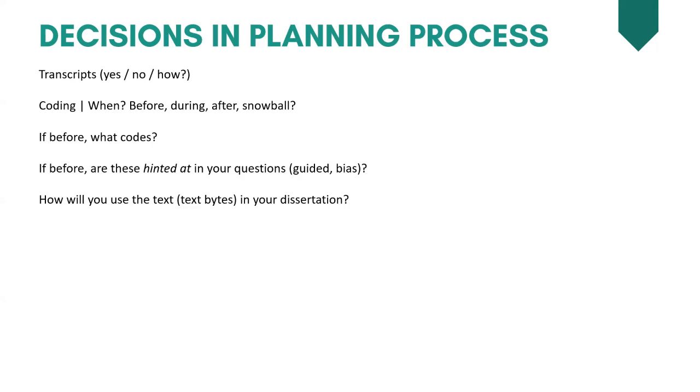And the most important thing, and this is, again, a big decision. How am I going to use the text? When you've coded everything and you've got little text bites, you've got little bits to cite, you've got keywords like, I hated school, that one from before. How are you going to use this in your dissertation? In what format, or how are you going to weave this into your narrative?